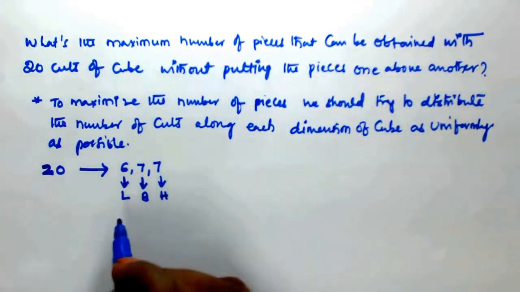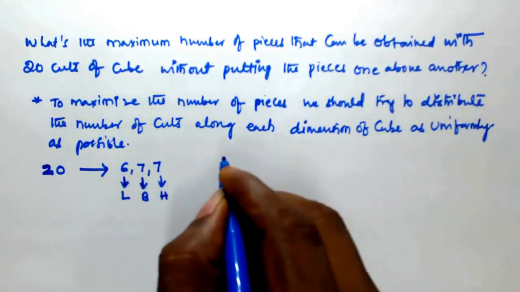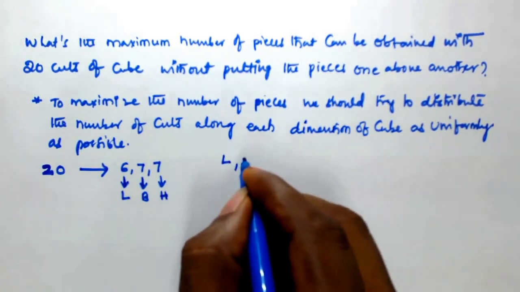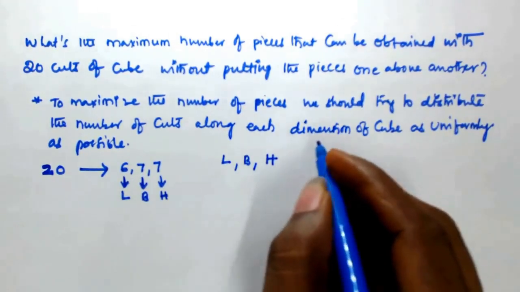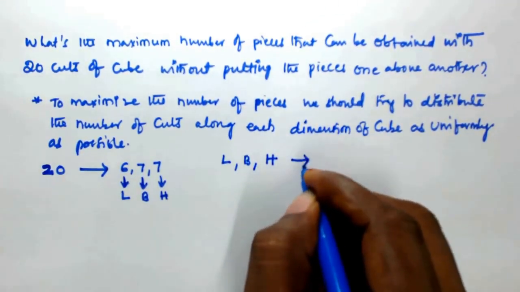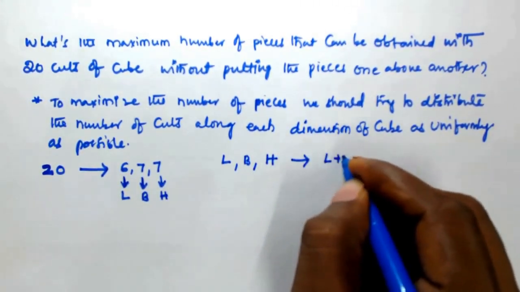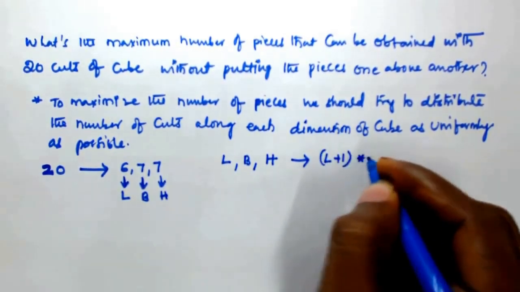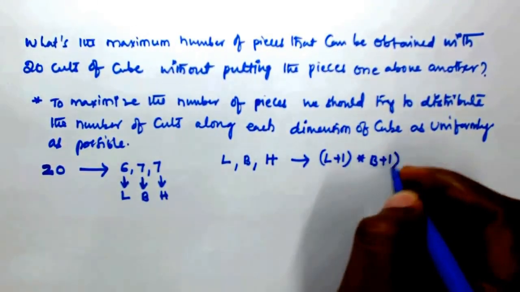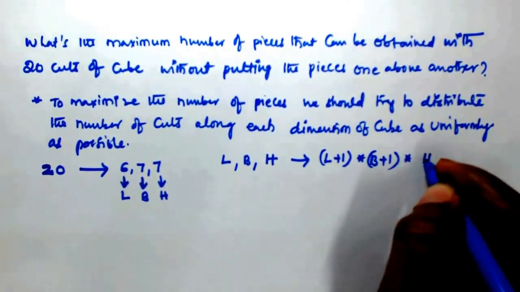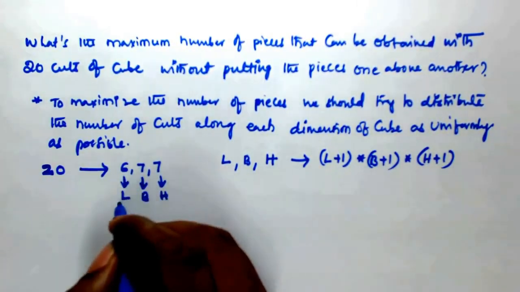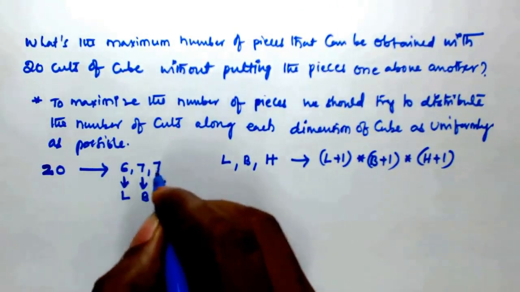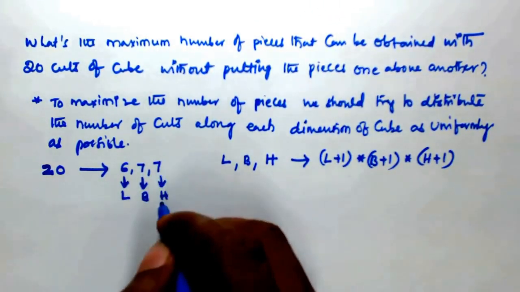In the previous video, when we have L cuts along length, B cuts along breadth and H cuts along height, the total number of pieces is (L plus 1) into (B plus 1) into (H plus 1). Here we are making 6 cuts along length, 7 cuts along breadth and 7 cuts along height.